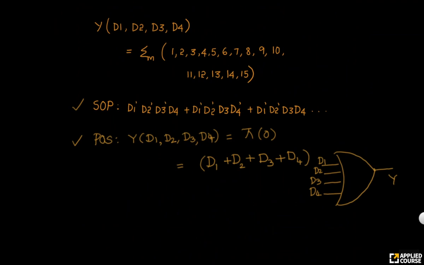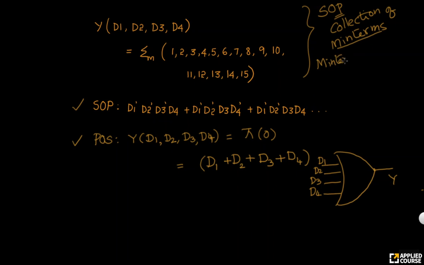The sum of products expression is the collection of min terms. And what is a min term? It is an input combination for which the output is 1.